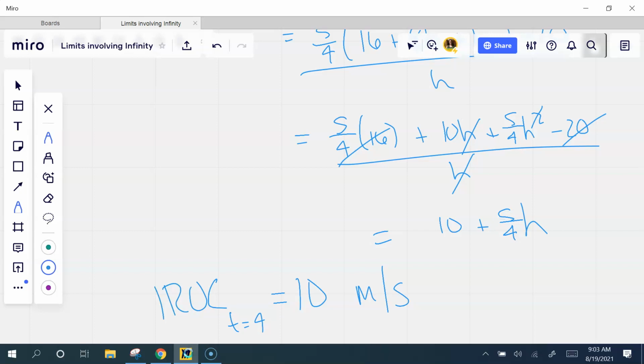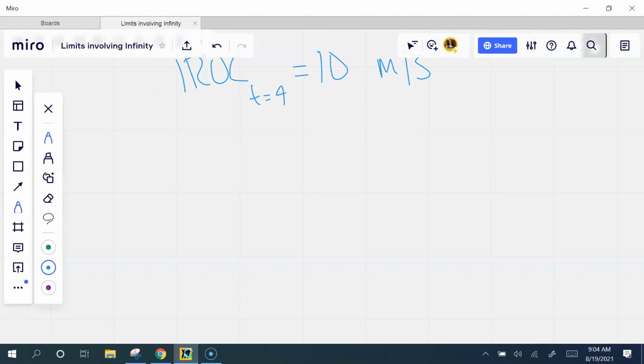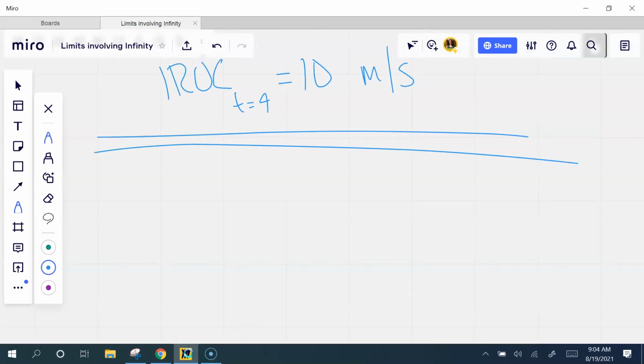Find the instantaneous rate of change when t equals 2.5. So same process. Let's just make it a little bit harder. Let's say when t equals 2.5, what's the instantaneous rate of change?